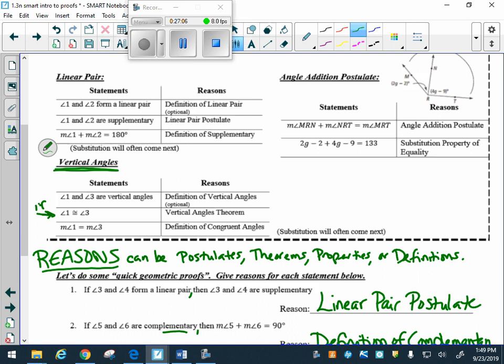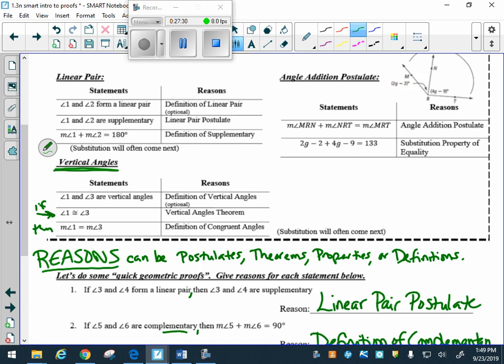So if angle 1 and angle 3 are vertical angles, are congruent, then I can say the measures are equal. This is where I was talking about the definition of congruence. Going from a statement where you're saying two things are congruent to then saying their measures are equal is the definition of congruence.